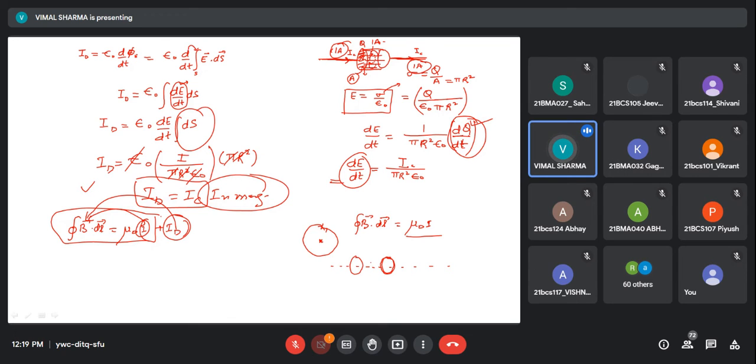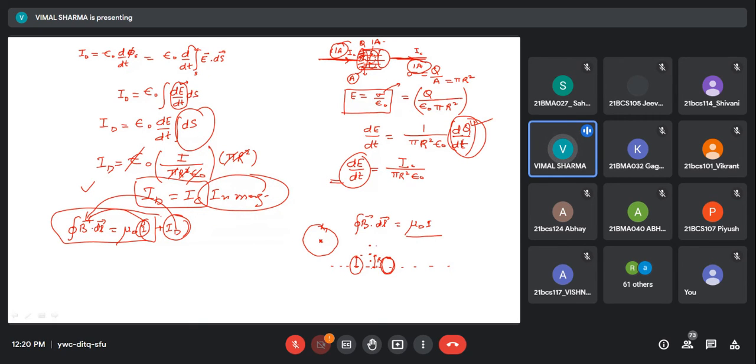Let me find the magnetic field here due to displacement current. The magnetic field at this edge, where distance from the axis is equal to r, this is the radius of each capacitor plate.